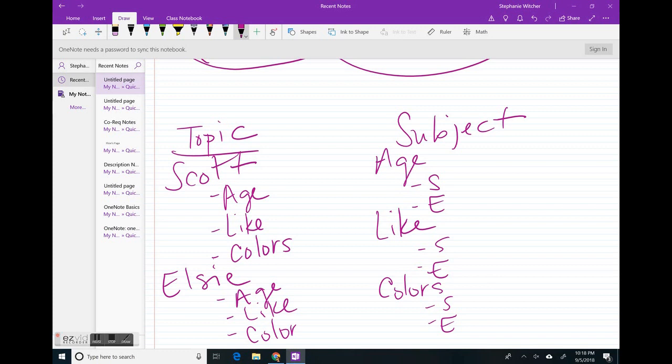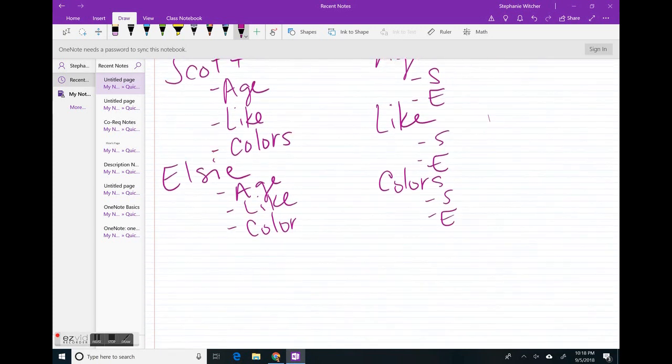Okay, and some of that just depends on what feels more natural to you. If one feels a lot more natural to you than the other, go with that one because it will be easier for you to write the paper. Okay, but also remember that you need to include one way that they're alike, because not only do you need to compare for me, but you also need to contrast. So you may need to add a fourth point that is something that they both like together.